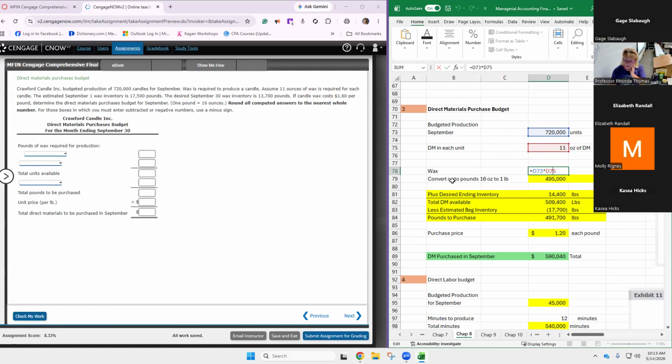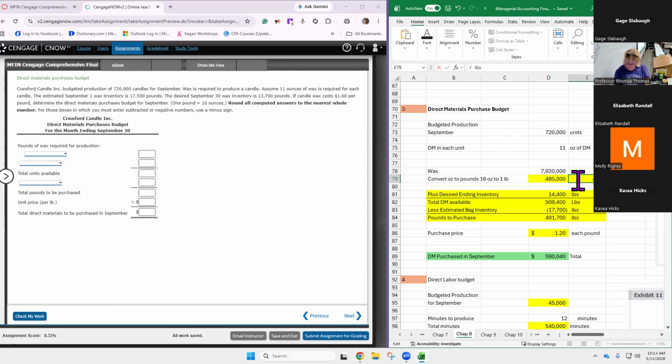And then we're going to convert the ounces to pounds. So here's how many ounces. How do you convert that to pounds? You divide this big number by 16. So next to this, even though it says pounds, I'm going to put divide by 16, right?